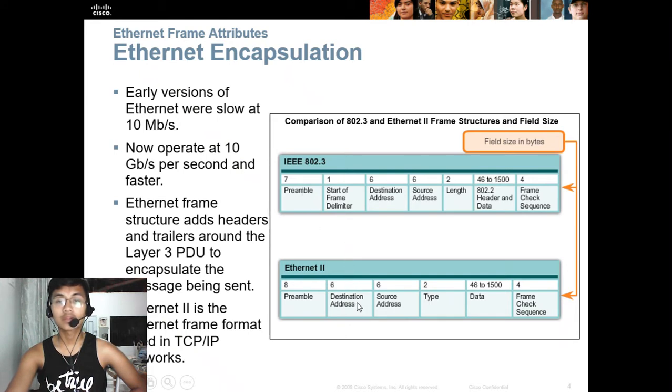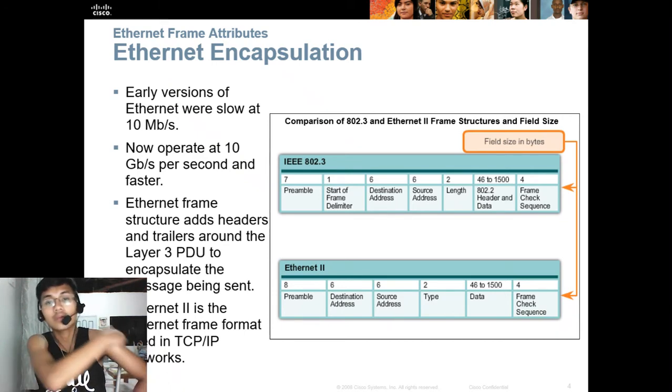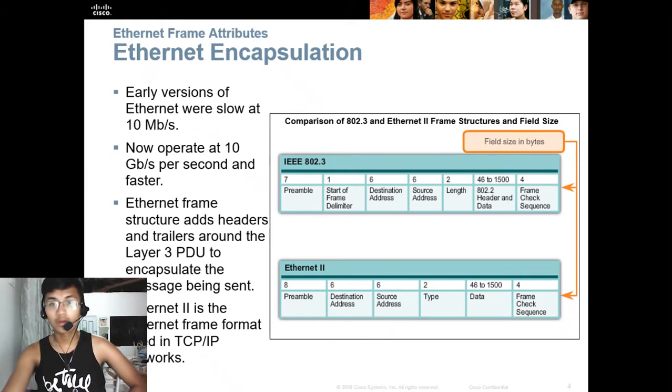The destination address has 6 bytes, and the source address has 6 bytes, the same as 802.3.